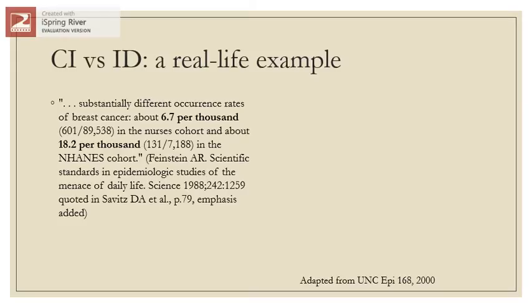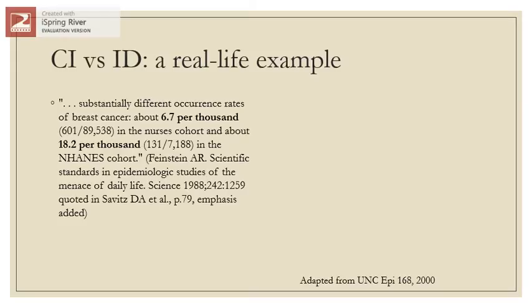There's another study called the NHANES cohort. We'll learn more about that later. Right now, just know that it's a different group of people. But they found breast cancer rates in that group to be 18.2 per 1,000. Well, if you just look at these numbers, what would you think?